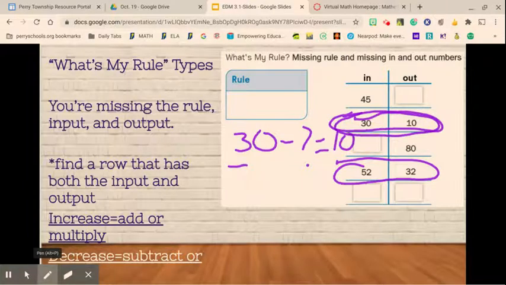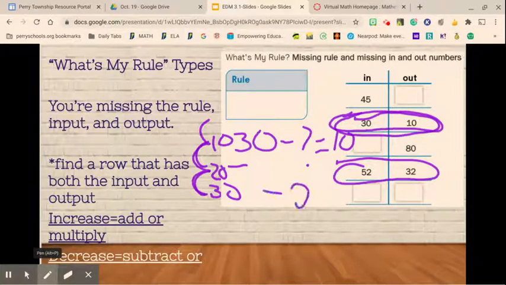Well, if I were to use my number grid, I could start at 30 and then count up to 20 and then to 10. So if I'm at 30, 20, 10, I would have made 10, 20 in my jumps. So it looks like maybe my rule could be minus 20.